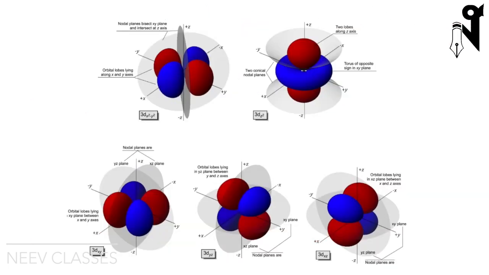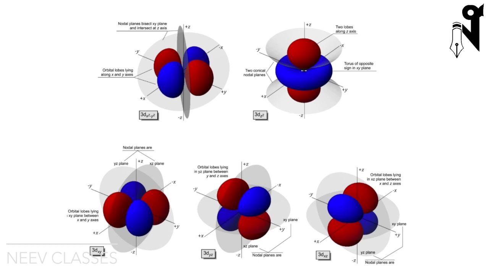So again you can see a diagram for the D angular nodes, which we have already shown to you. The D angular nodes are two planes for each of them. So, another diagram for you.